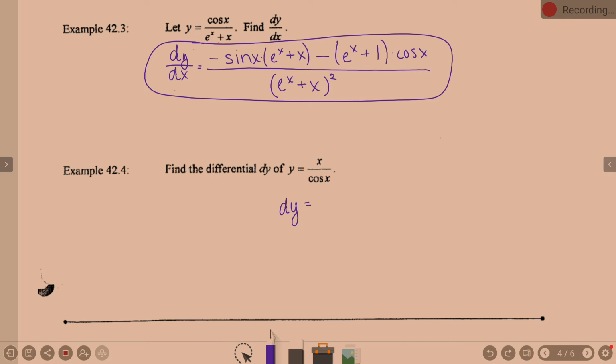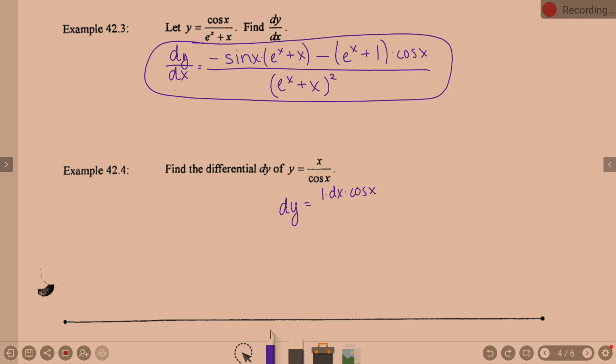On the right, we have a fraction. So it's the derivative of the numerator. Derivative of x is 1 dx, and then it's times cosine x.